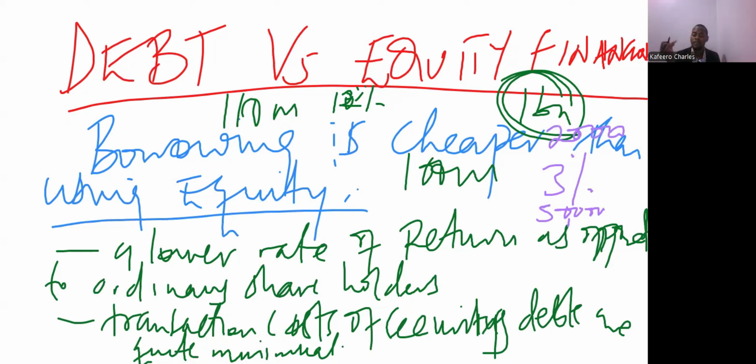You are going to incur marketing costs, making sure that people know you are issuing out shares so that they can come and buy. There are other processes that you are going to go through to actually issue out those shares. So with equity, you are going to be incurring a lot of costs in trying to get equity money.